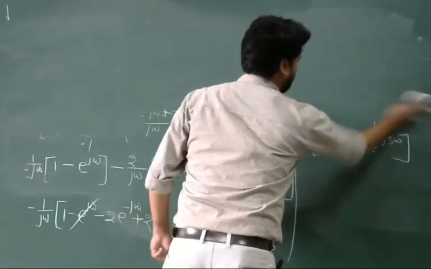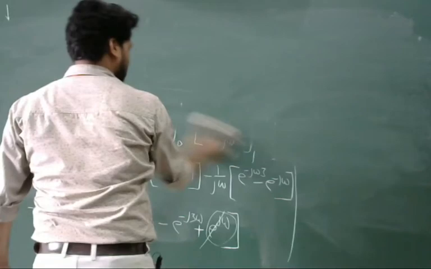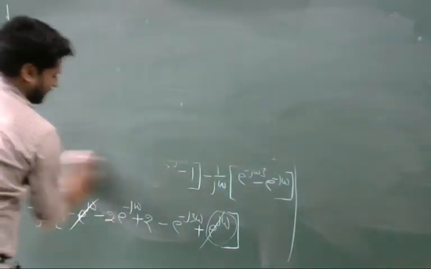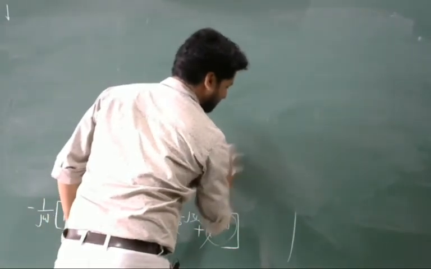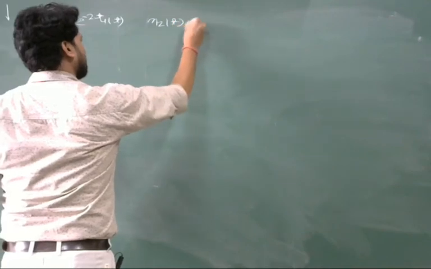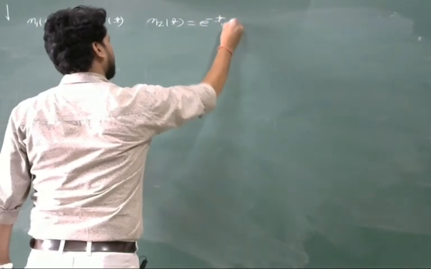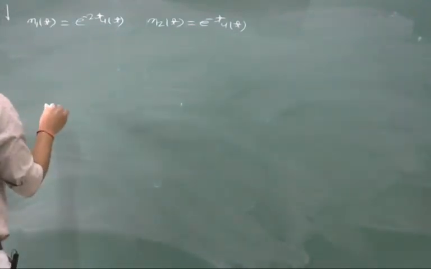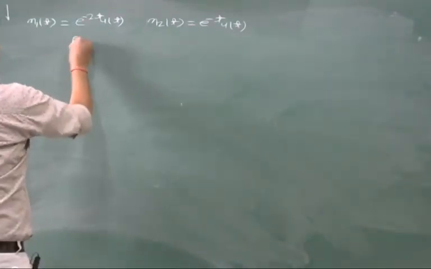Now there is an application of the convolution theorem to get the Fourier transform of the convolution of two signals x1(t) and x2(t), in which the signal x1(t) is given as e power minus 2t u(t), and the signal x2(t) is given as e power minus t u(t).